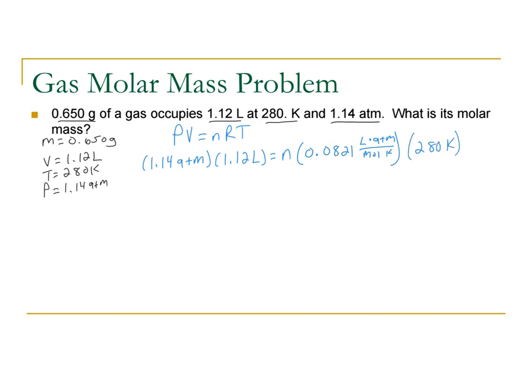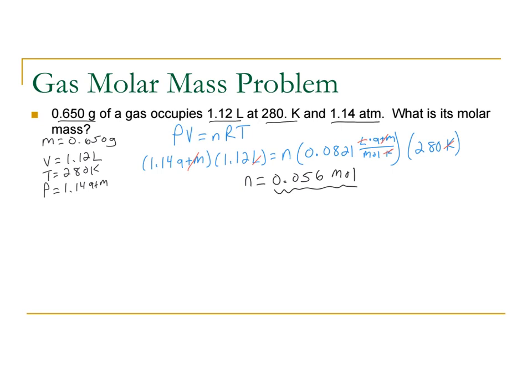So I can do 1.14 times 1.12, divide by 0.0821 and divide by 280. Also make sure I'm checking my units to make sure everything cancels but moles. So this would make sense. So anyway, the answer I get here for moles is 0.056, with a slight bit of rounding, moles of whatever this gas is.